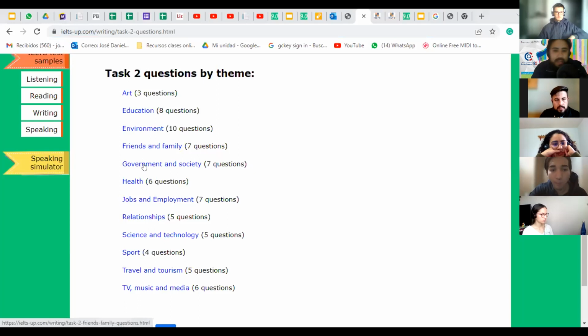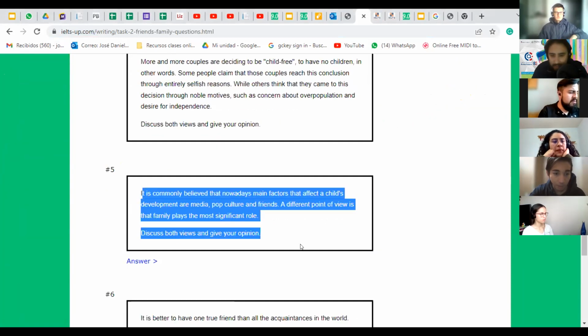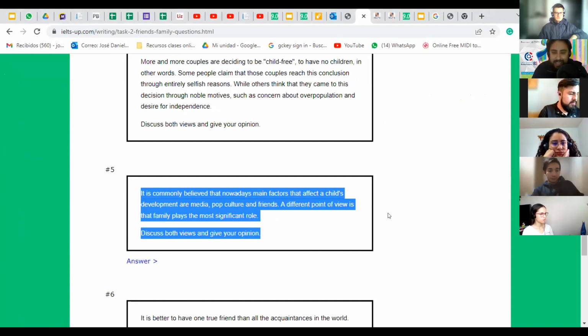Friends and family, government and society, also very common, health, jobs and employment, relationships, science and technology, pretty common as well, sport, travel and tourism, and TV, music, and media. So you can just pick any that you like, say friends and family, and then pick one at random or one that you like, and that's going to be the essay that you're going to be writing today for the practice. Not the essay, the outline, sorry.